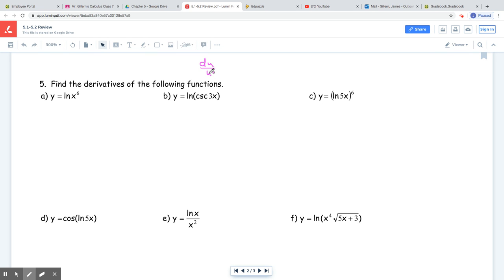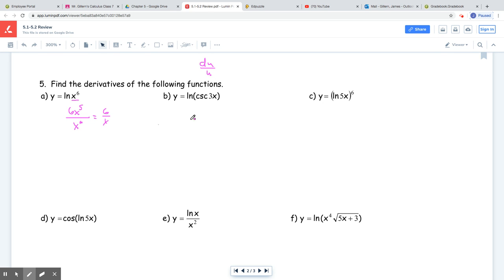So in this case, your x to the 6 is your u. So it's the derivative of that, which is 6x to the 5th, over x to the 6. That simplifies to 6 over x.